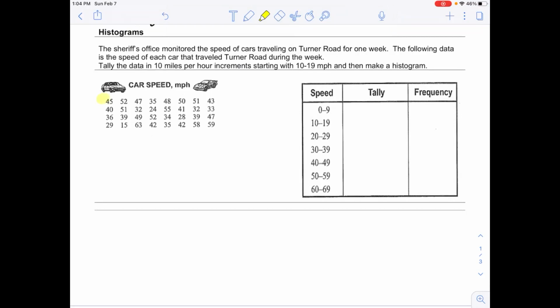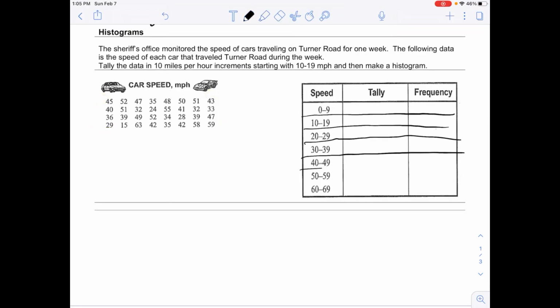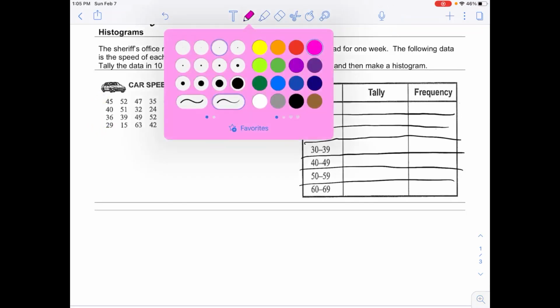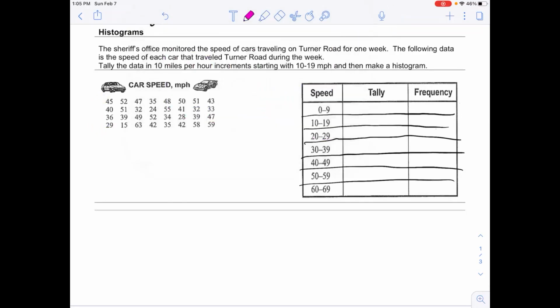I have a bunch of data over here, and we're going to organize this data by counting how many times each value shows up. So I'm going to just add some lines, make this a little bit neater, so that when I'm doing my tallies, it looks nice. And then we can go. So for how I'm going to fill this out, the speed 45 is between 40 and 49.